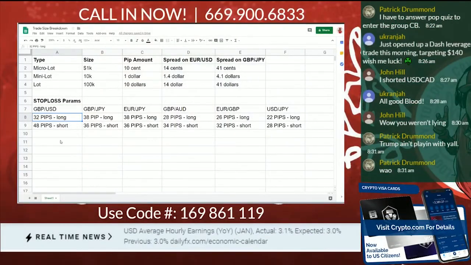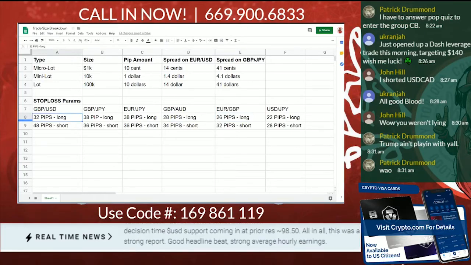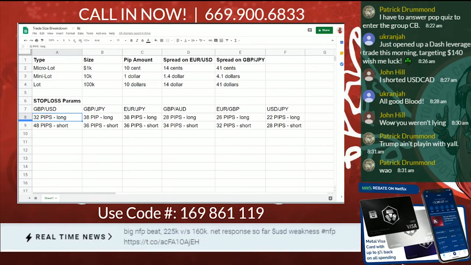Because if we use this example here, I'm just going to do a quick calculation. Bring out the calculator really quickly for you guys. I'm just going to add up all of these pips here as far as stop losses. I'm just going to hypothetically say we're in a long on all 6 of these pairs. So that's going to be 32 plus 38 plus 38 plus 28 plus 26 plus 22.